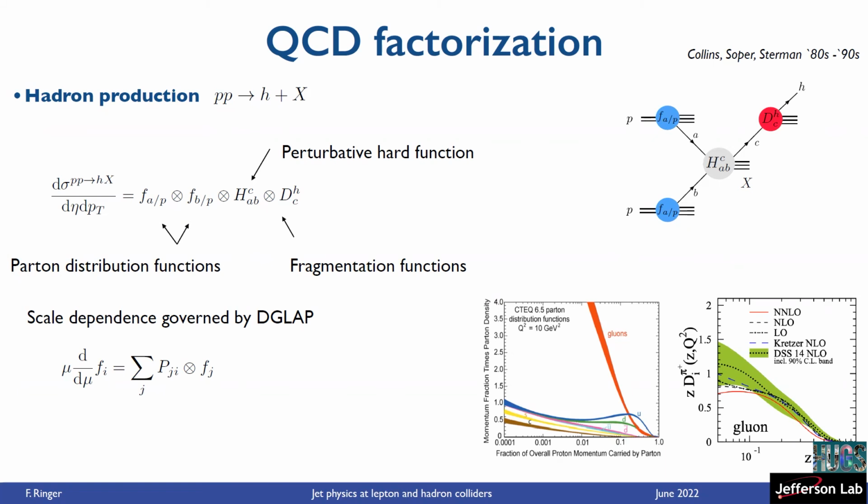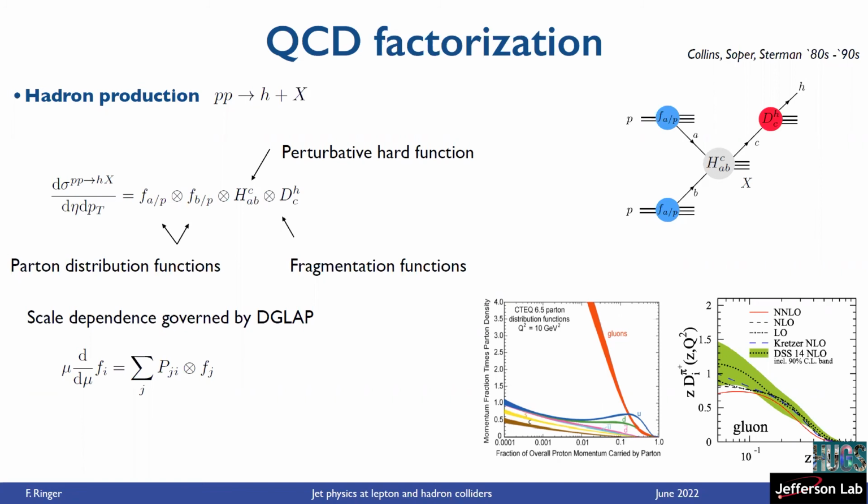Are there any questions about this starting point of QCD factorization? Of course, this is an approximation. It holds up to terms that are hopefully power suppressed by something like 1 over PT squared, which for all practical purposes is usually okay, unless we push to very low energies.